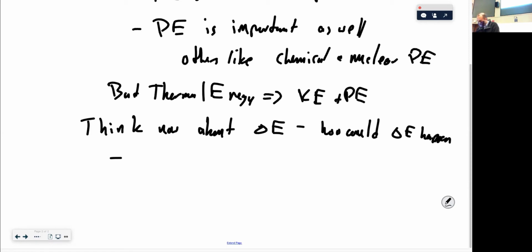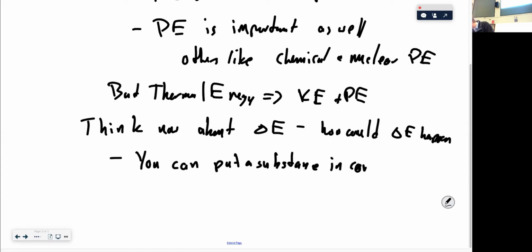So one way, and this is the way we're going to be thinking about most in this class, is you can simply put a substance in contact with another substance, or reservoir, at a different temperature.